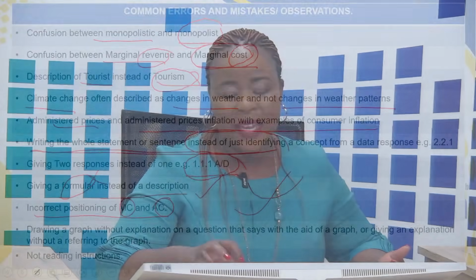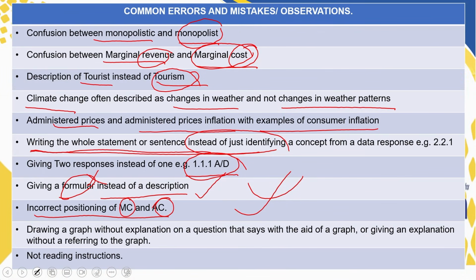So please be careful when you are positioning them, so that you can have the correct shading that you are going to do on your economic profit or economic loss.